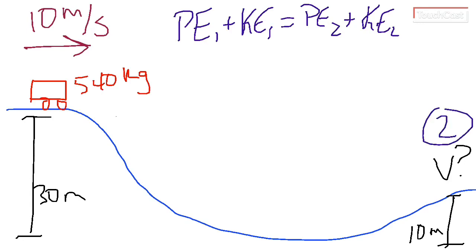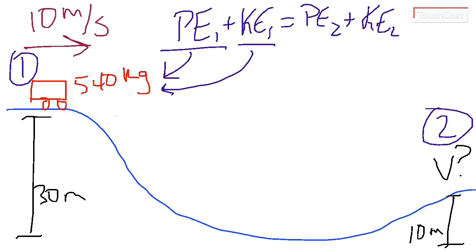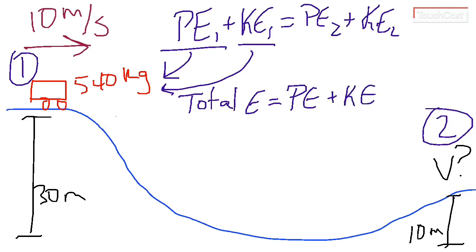And so this is point 2, this is point 1. So all I need to do is solve for what I know. I can solve for the potential energy at point 1, just like I can solve for the kinetic energy at point 1. Okay? I can add those two numbers together and get total energy from the start, which is then going to equal my potential energy and kinetic energy at the finish.